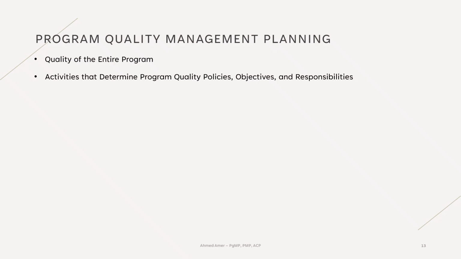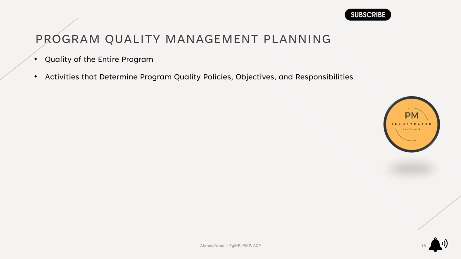At the program level, we are not just dealing with one set of quality standards. We deal with multiple projects, multiple teams, subcontractors, and often multiple regulatory or organizational requirements. So the goal of this activity is to identify all the relevant quality standards and figure out how to satisfy them consistently across the whole program.